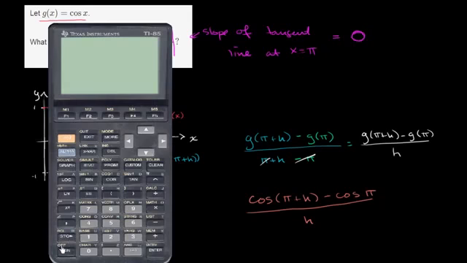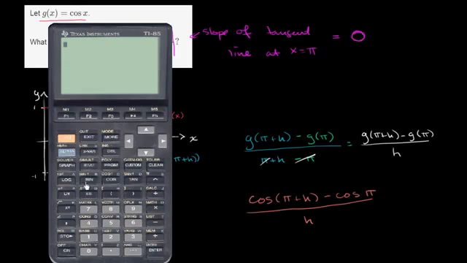That could be interesting. So let me clear this. Let's just take really, really small h's, h getting really, really close to 0. Let me make sure I'm in radian mode first of all. I'm in degree, so let me fix that. All right, perfect.